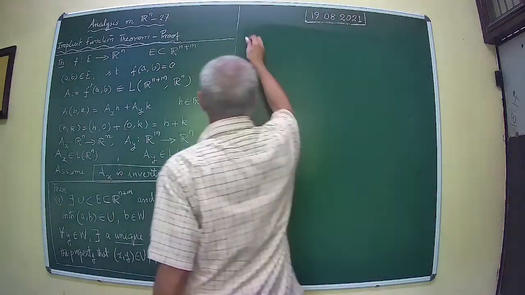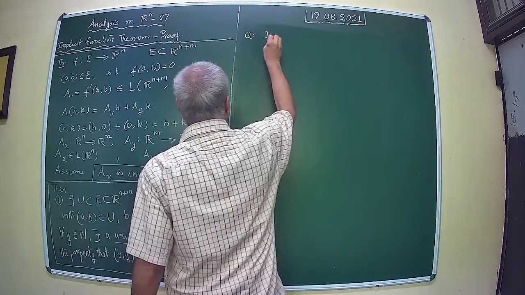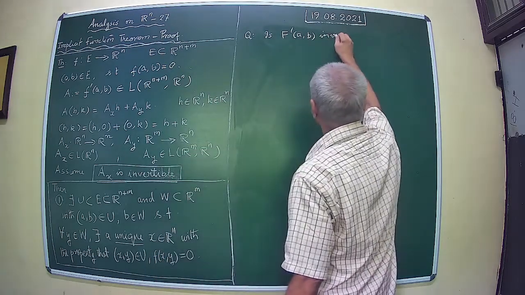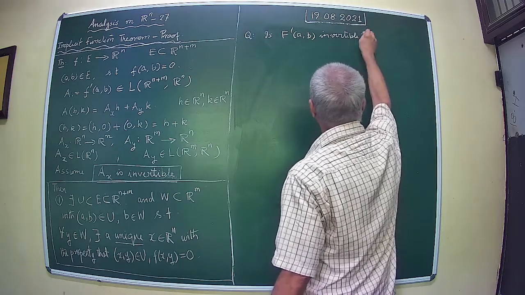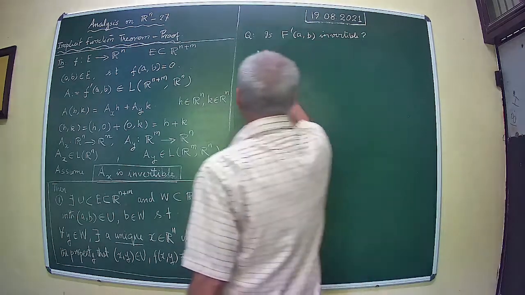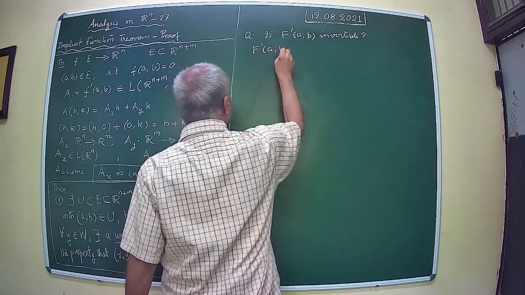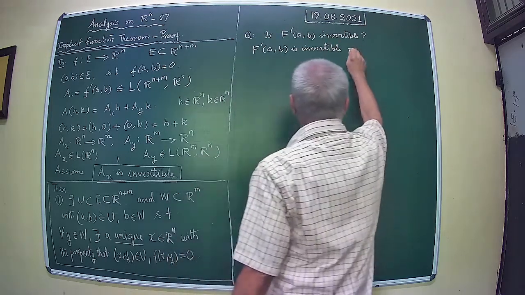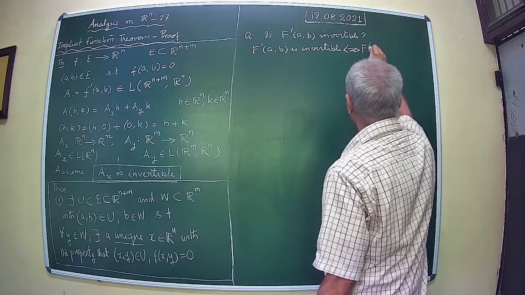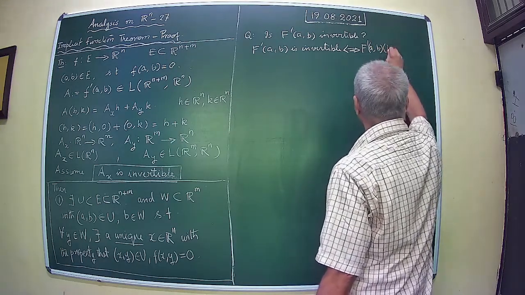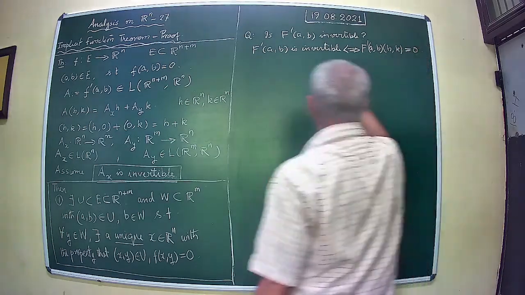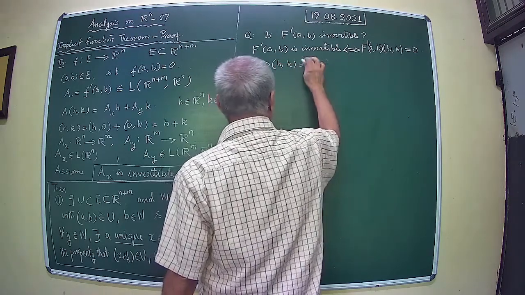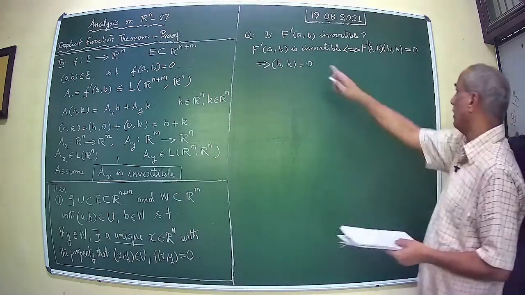So the question is, now you know that f dash AB is invertible if and only if equal to 0. So this is the one that we are trying to prove.